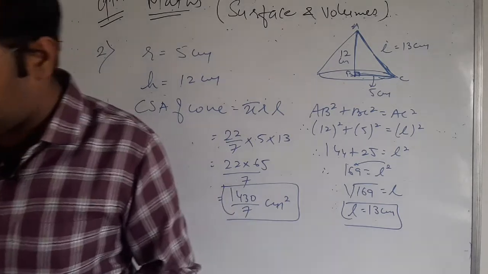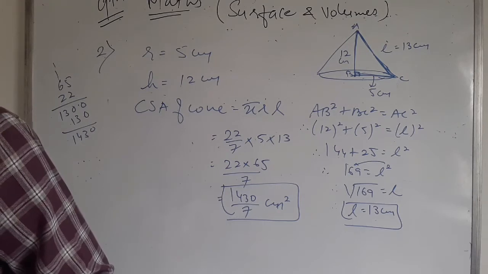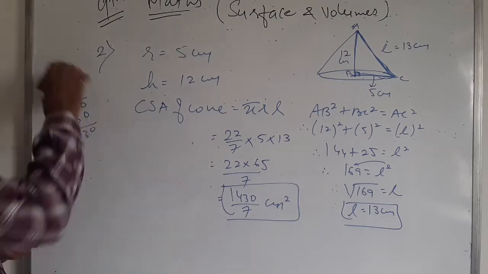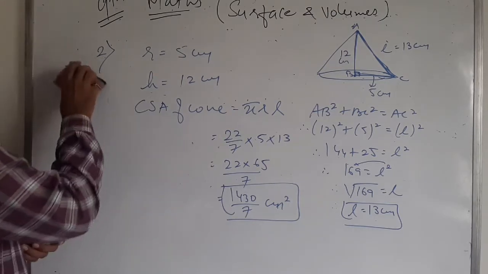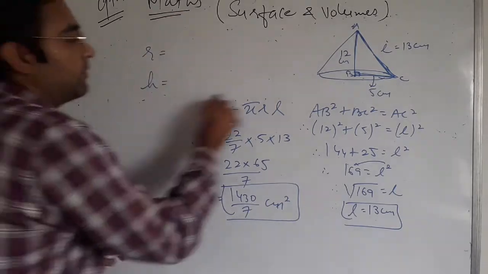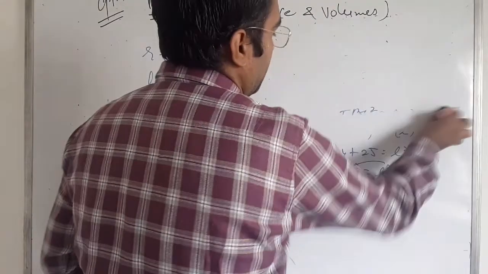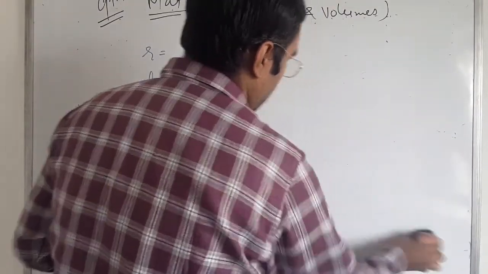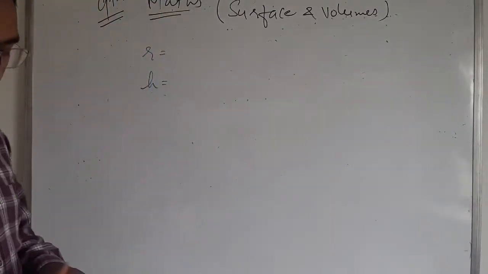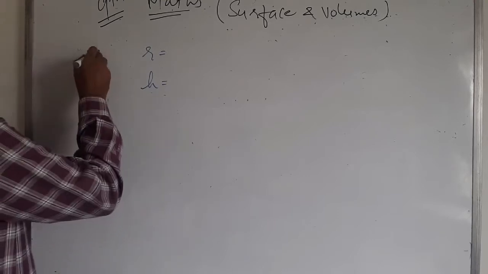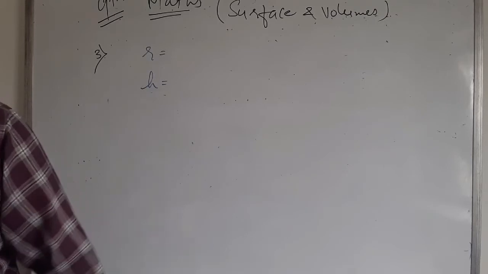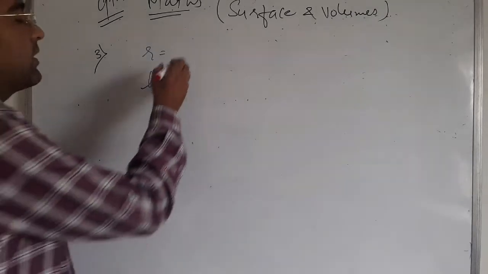Next question: the radius of the cone is 7 centimeter and the curved surface area is 176 centimeter square.